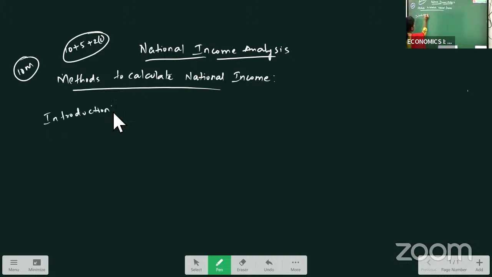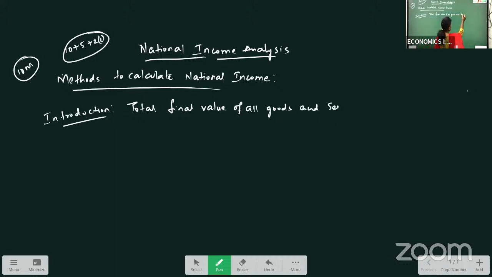What is national income? National income is the total or final value of all goods and services produced in a country in a year.